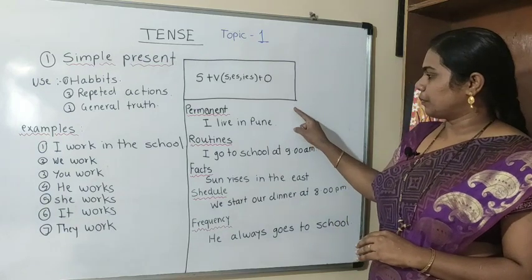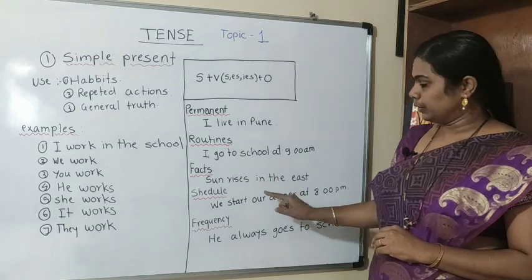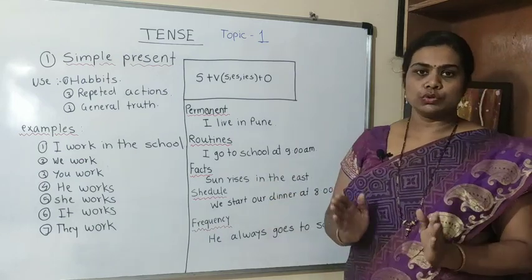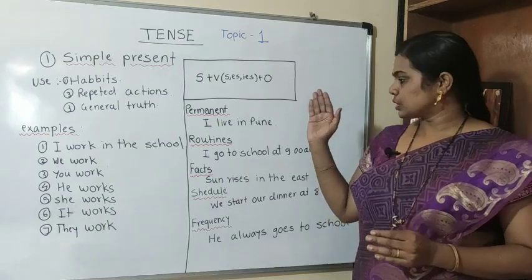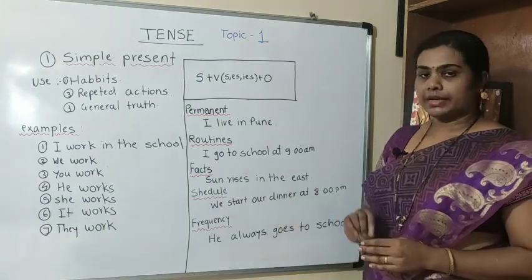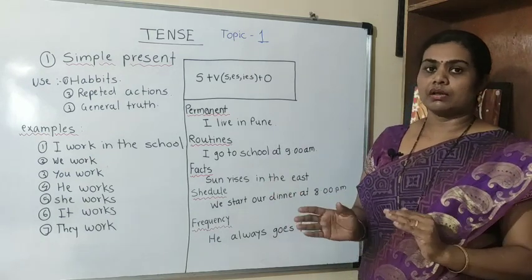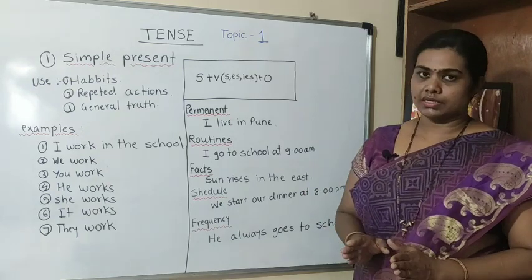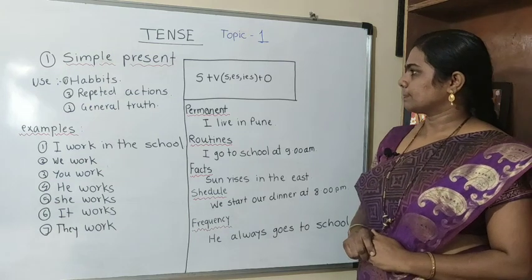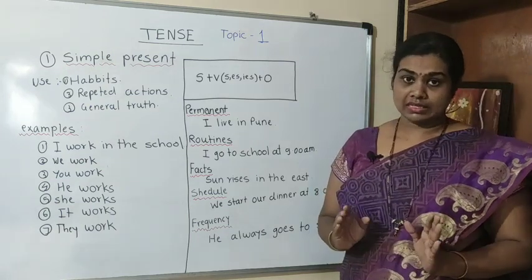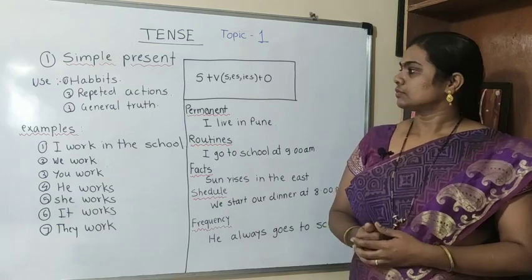So for permanent things, routine, facts, schedule and frequency, you have to use the simple present tense. Go through it and write it down in your notebooks, keep it in mind and try to understand it. This is the easiest tense to understand and to speak.